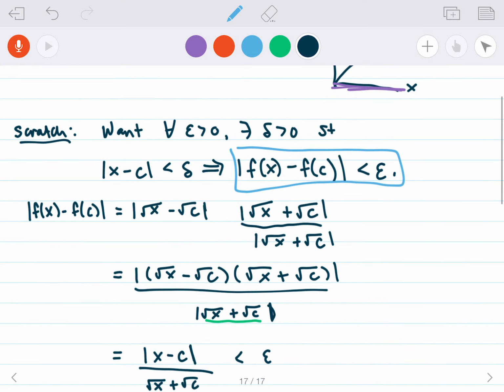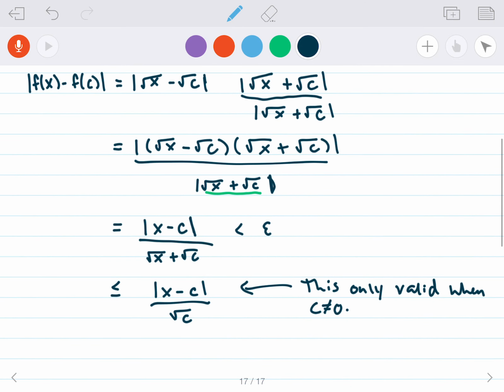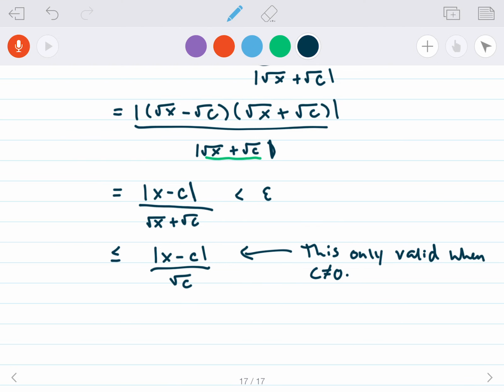Okay, so this is the case where c is not equal to 0. Okay, and c again is in A, so it's going to be positive if c is not equal to 0. All right, cool. So that was a little note there, and I'm going to erase it to make room.